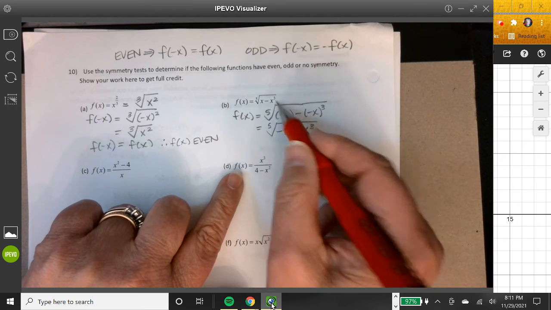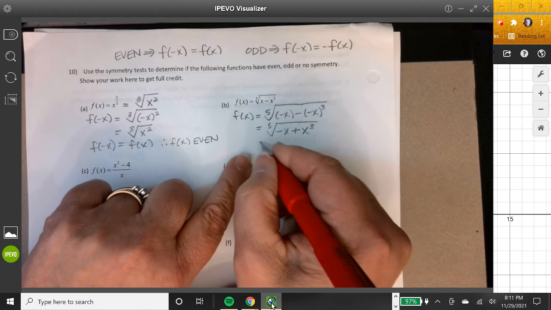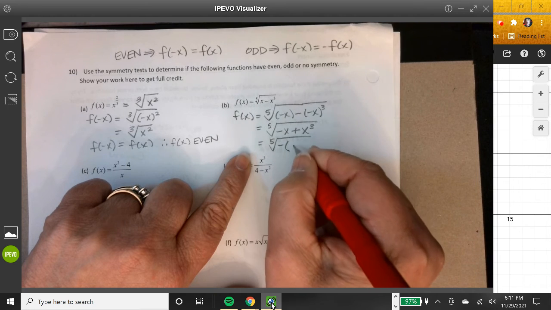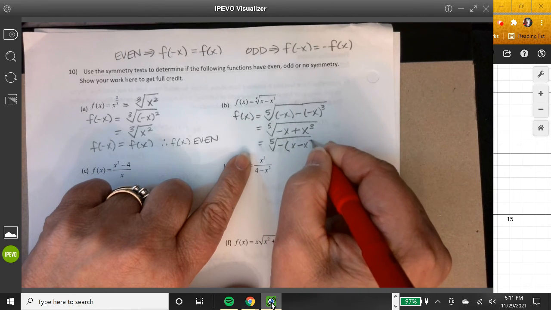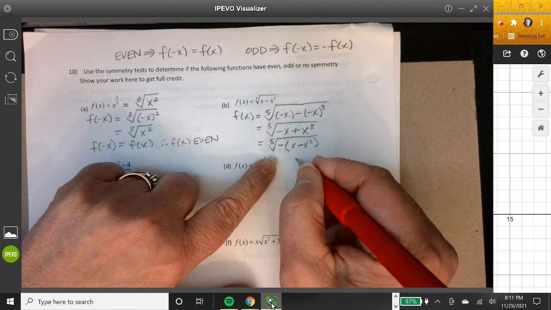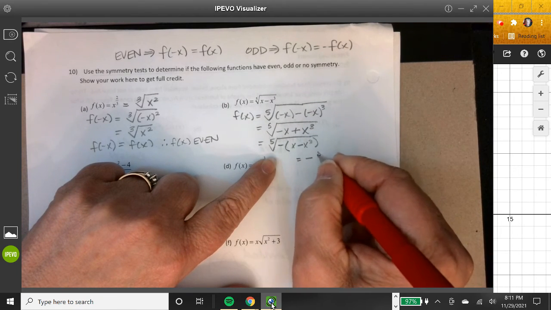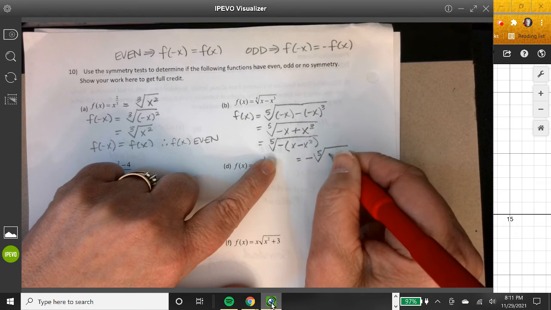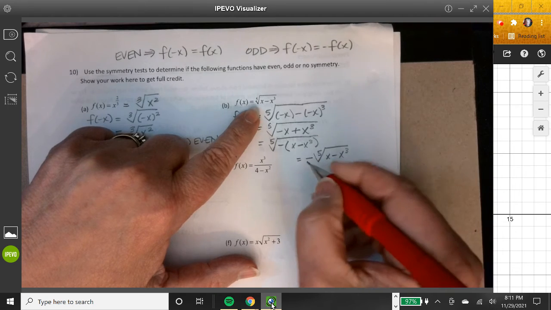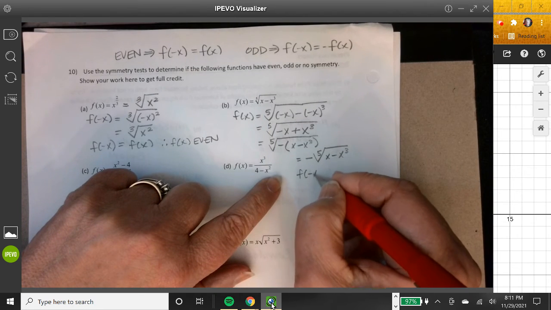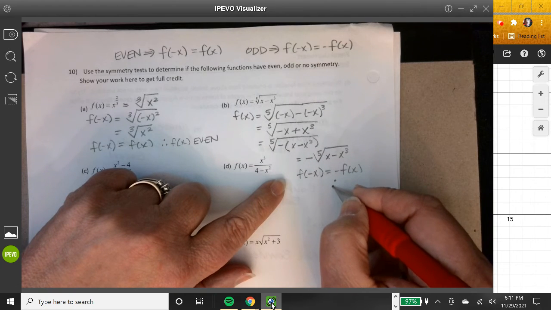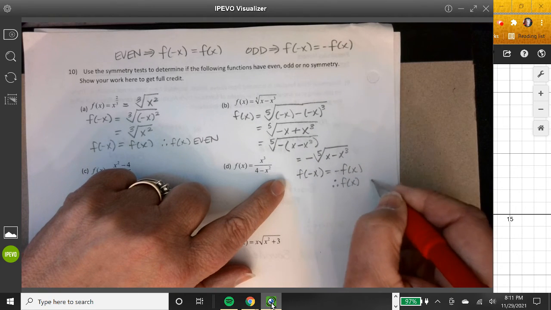Now it's close to this, but it's not quite. So I'm going to factor out a negative, and I'm left with x minus x cubed. And can we take the fifth root of negative 1? The answer is yes. So we can pull out a negative 1 and say this is negative the fifth root of x minus x cubed. Well, we've arrived back at f of x, so f of negative x is equal to negative f of x. So what can we say about our function? Therefore, f of x is odd.